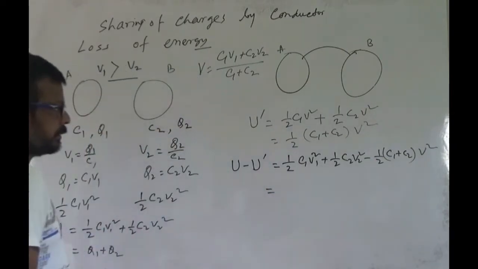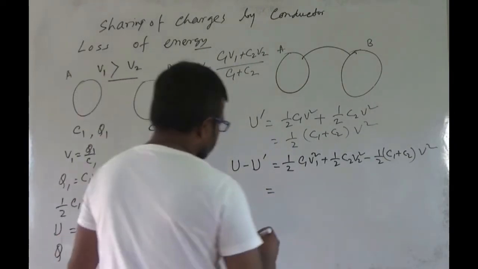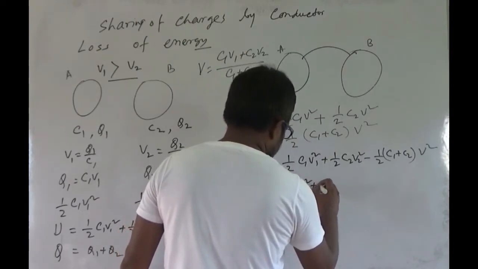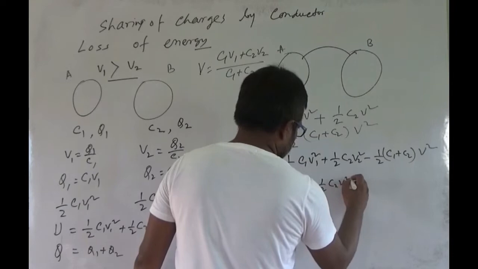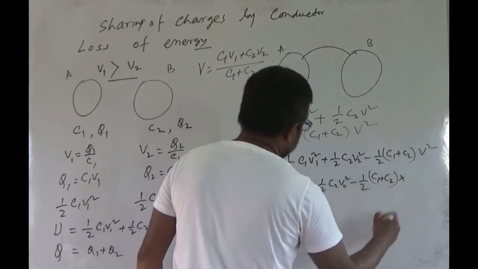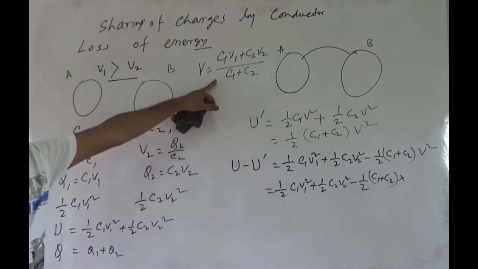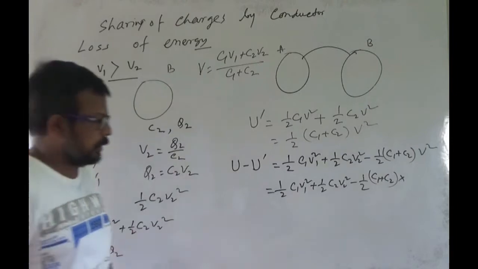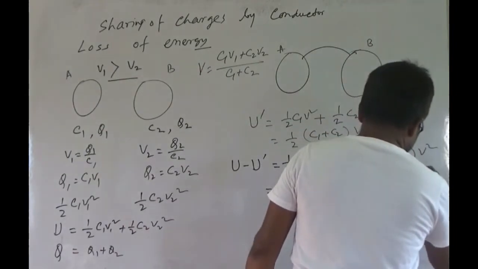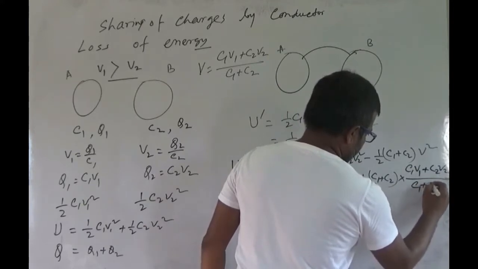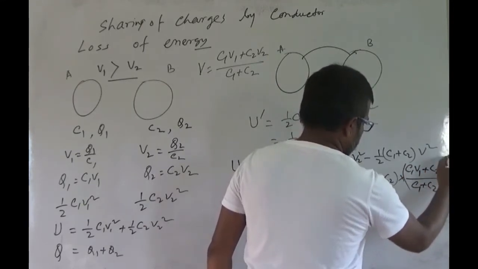So we write half C1 V1 square plus half C2 V2 square minus half (C1 plus C2) into V square. V is (C1 V1 plus C2 V2) divided by (C1 plus C2), and whole square.